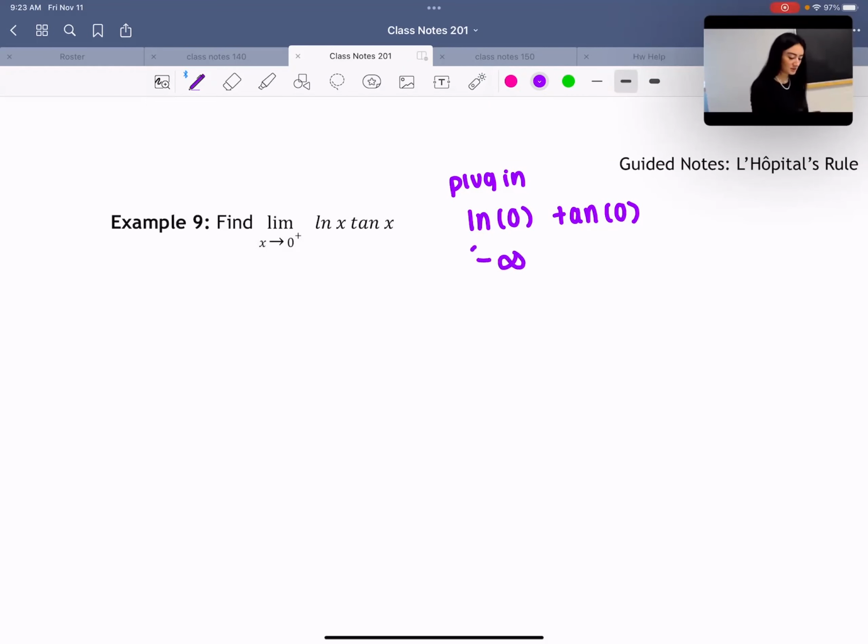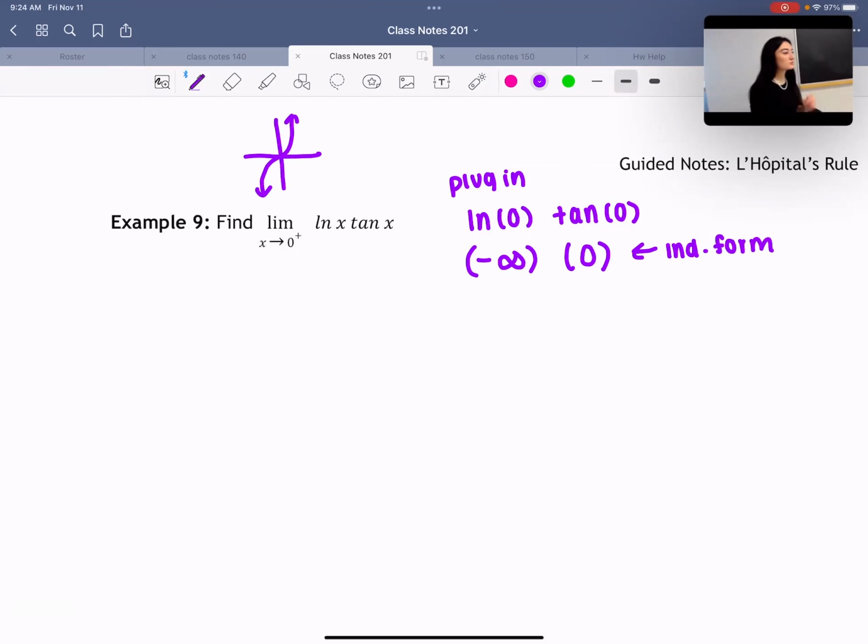So that's definitely negative infinity. What does tangent approach as we go towards 0? Think about the graph of tangent. Kind of looks like the Disco Man, but a little bit squeezed in. 0, right? That tangent of 0 is literally 0, right? So that definitely goes to 0. Okay, because we have a negative infinity times 0 type limit, this is an indeterminate form, okay?